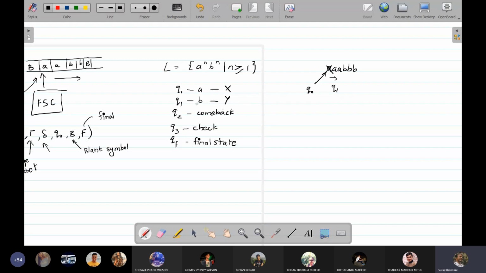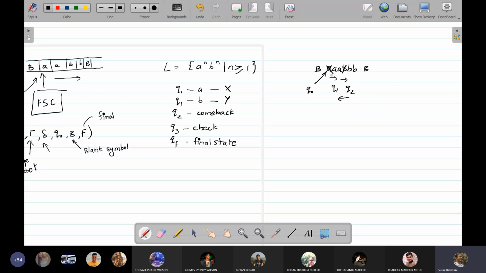What is the logic for Q1 that we have defined? Q1 will make B as Y. So Q1 will keep A as it is and keep moving to the right. When it gets the first B, it will make it Y. Now it changes the state to the next state, that is Q2. Q2 is used for coming back, so it will start moving to the left.